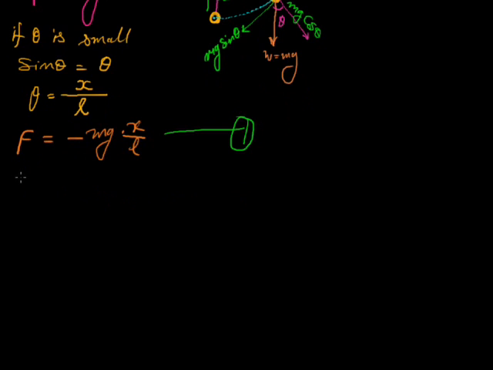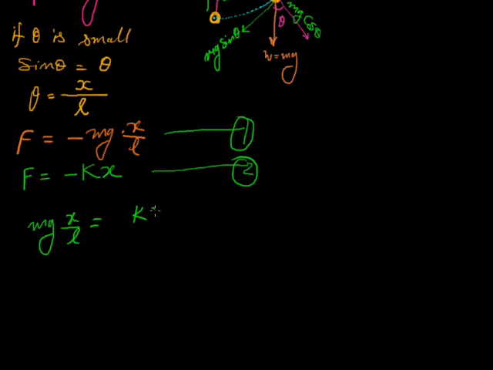We know that F is equal to minus kx in simple harmonic motion. On comparing the first and second, mgx upon L is equal to kx, or mg is equal to kL, so m upon k is equal to L by g.